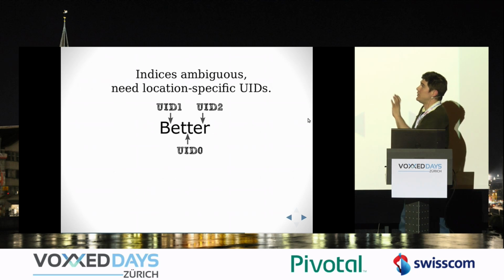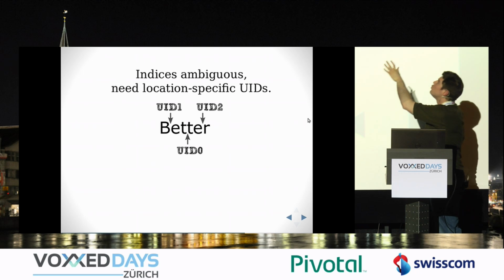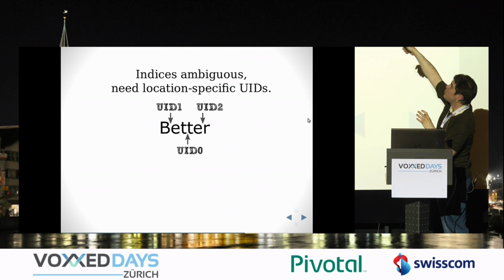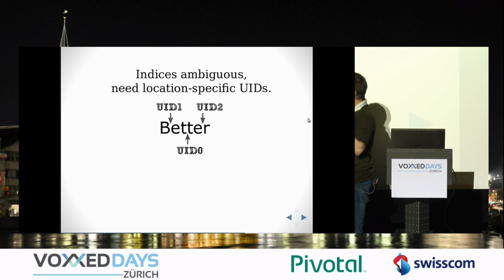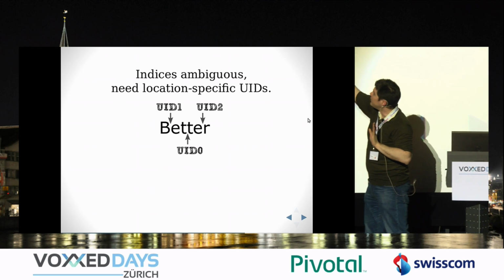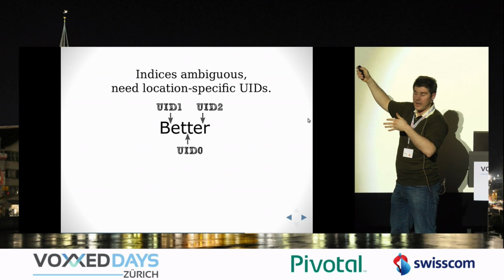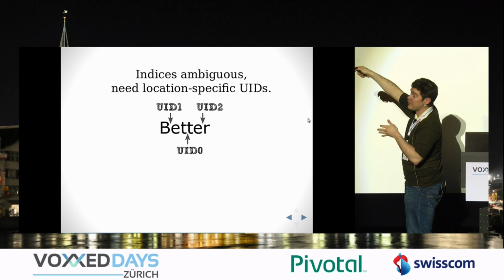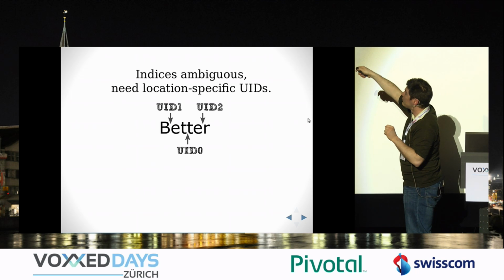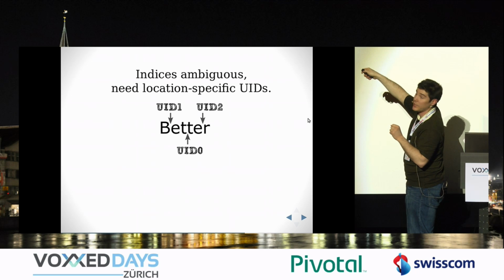So how do we ensure that? Well, one way to ensure this is to provide unique UIDs. So what you could do is say if you have a document which says better, then for every pair of subsequent letters, you could define a unique ID for this location.